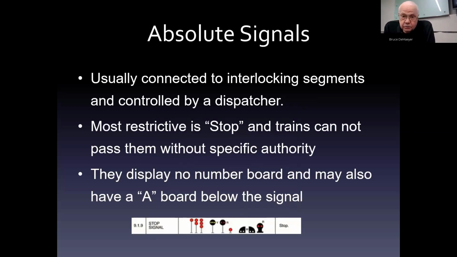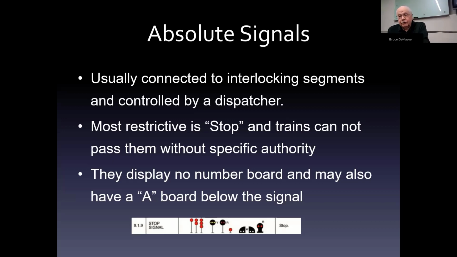Absolute signals. What is meant by an absolute signal? It is usually connected to interlocking segments and controlled by a dispatcher, with the most restrictive being stop. And the trains for no reason whatsoever can pass them without specific authority. In speed signaling, there can be a red stop, but it means stop and proceed.